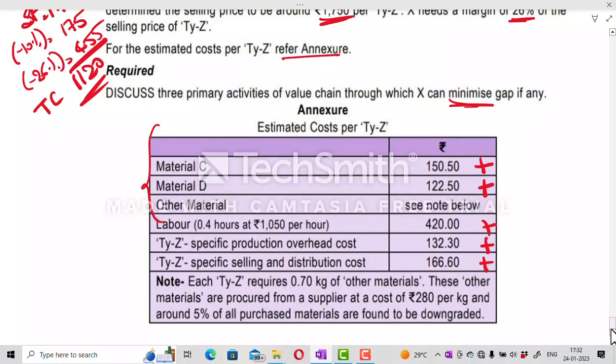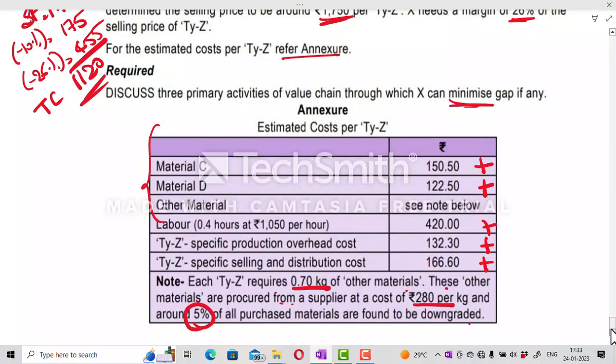Here they have given for other material one annexure. Each TYZ requires 0.7 kgs of other materials. These other materials are procured from the supplier at a cost of 280 per kg, and around 5% of all the purchased materials are found to be downgraded. Means there is a 5% wastage.